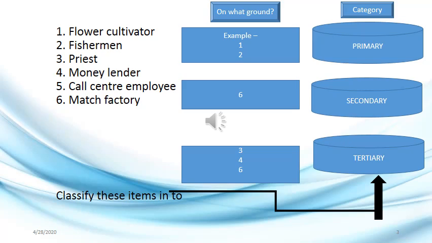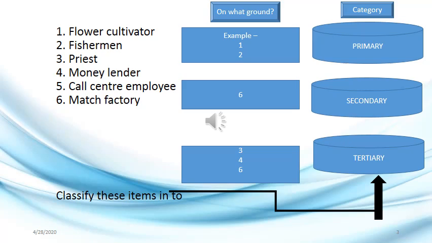There are some items like item number 3, priest, item number 4, money lender, and item number 5, call center service providers. They can be in one group because they don't give us any product by and large. Instead, they give us service. We need the service of all these people. This is how you did one grouping of all the 6 items.